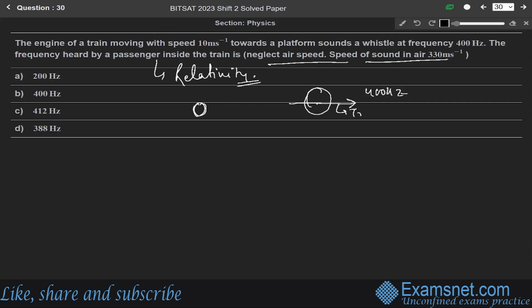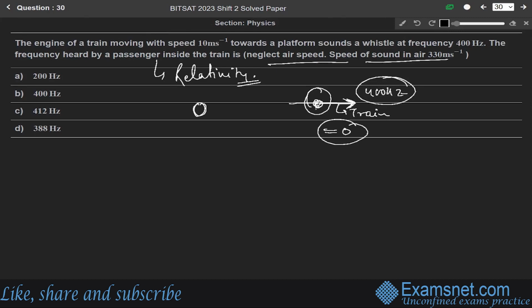Now this is the train and the passenger is sitting inside the train. So the relative velocity of this passenger, who is sitting inside the train, with respect to the source of the sound, because the sound is coming from the engine only, na. So for this the relative velocity will be 0. So there will be no Doppler's effect.